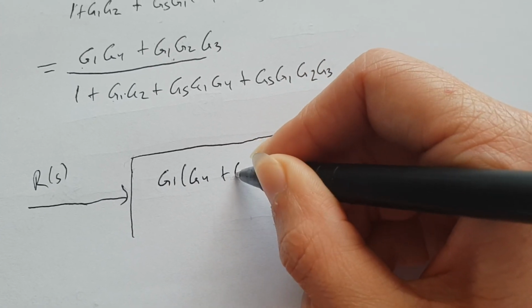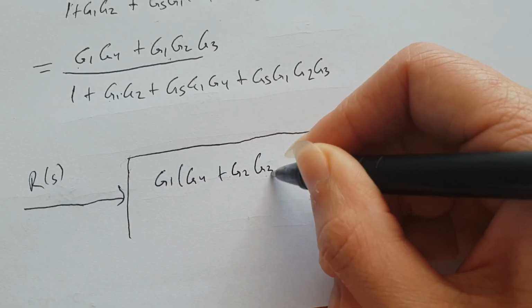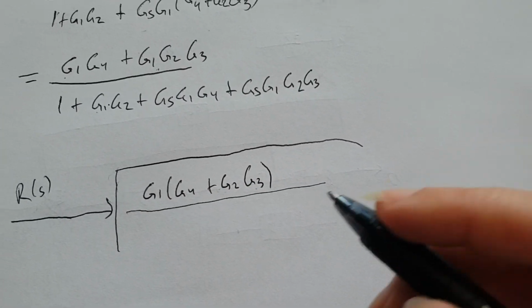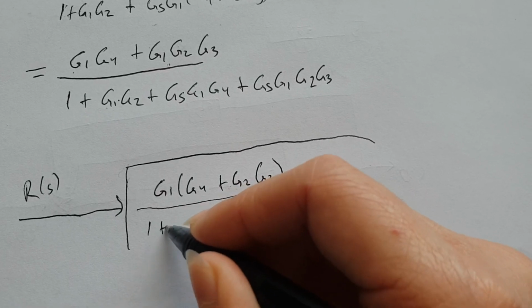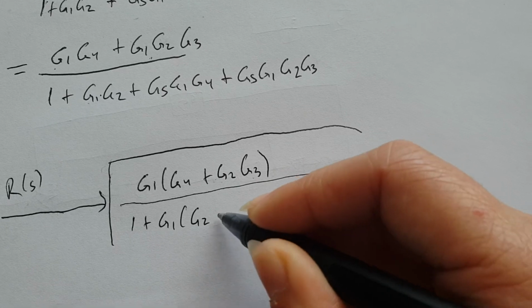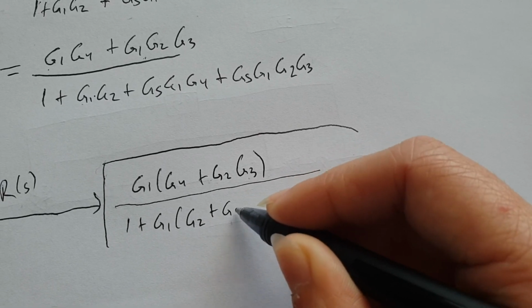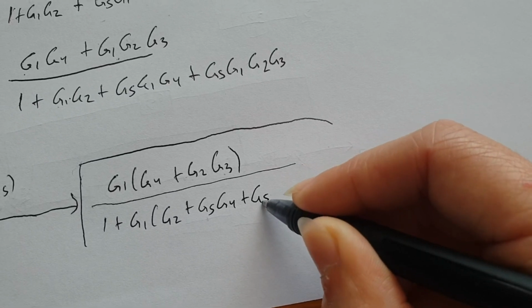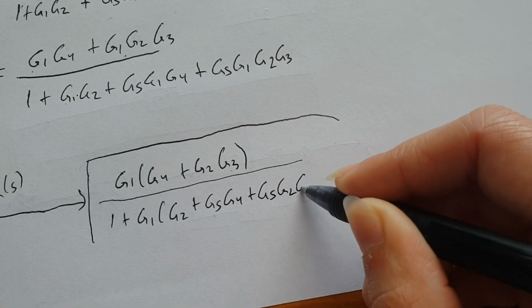G1 times G4 plus G2, G3 over 1 plus G1, G2 plus G5, G4 plus G5, G2, G3.